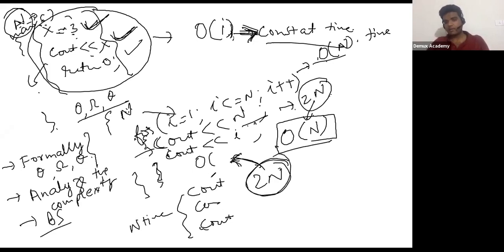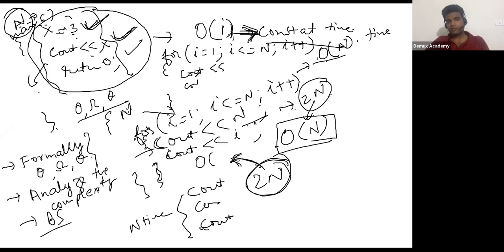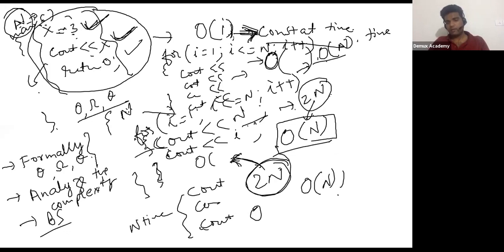Just think about this. My question was very simple. I just told you that let's say I have a program wherein I have an input of size n and I run a for loop. In this for loop, I do cout not one time, but two times, or let's say three times, let's say four times. What will be the time in terms of big O? If it will be big O of n, why? If not, what else will it be?